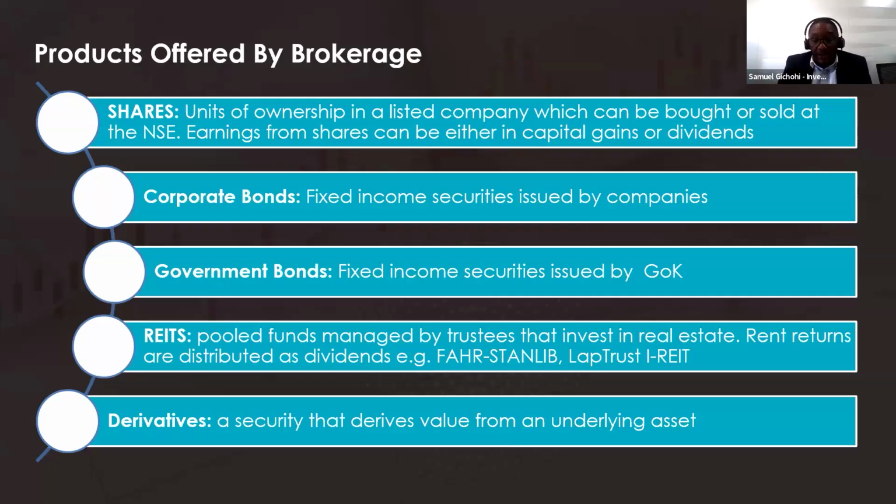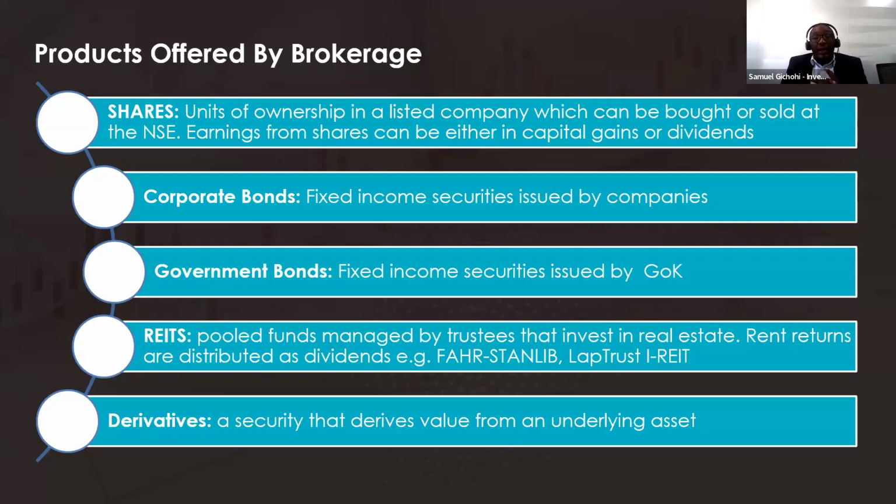Of course, treasury bills are held to maturity most of the time. Then we have real estate investment trusts, which is just a way of pooling funds that are managed by trustees, but invest in real estate. And so whatever returns they make from the rent, once they have taken care of all the overheads, will be distributed as dividends to investors.